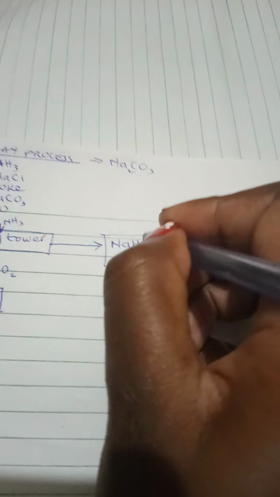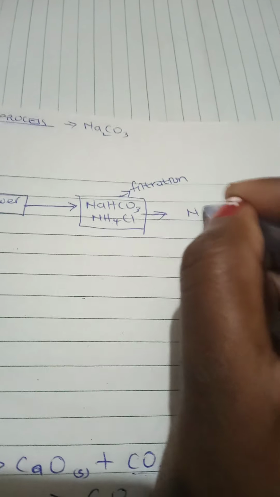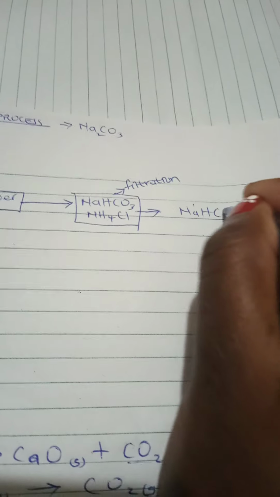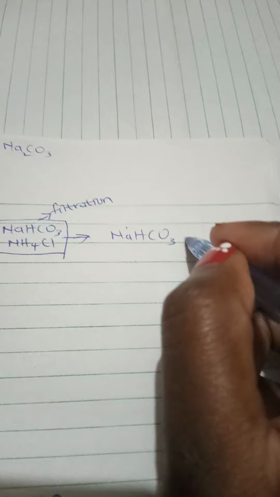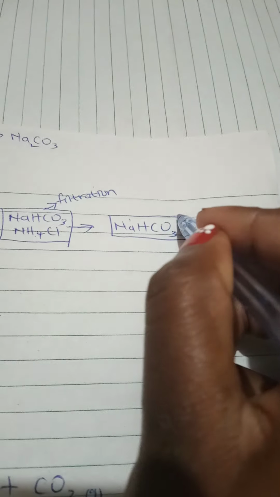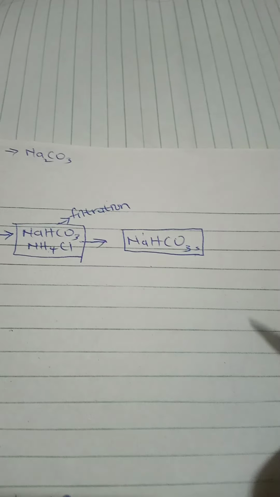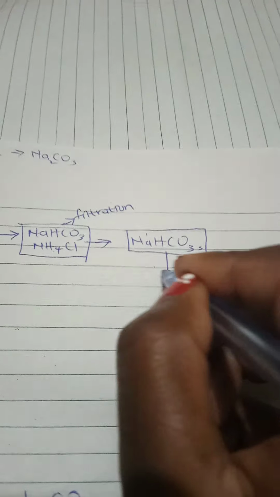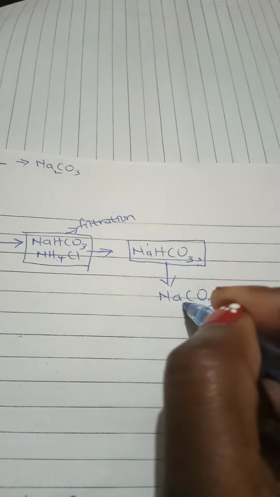We do the filtration here. Now, the sodium hydrogen carbonate will be the residue after filtering. So it gets dried. Then after getting dried, it gets decomposed. So when it gets decomposed, we have the sodium carbonate which will be produced.